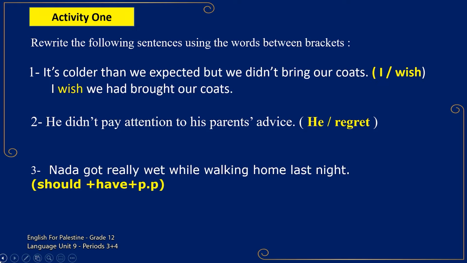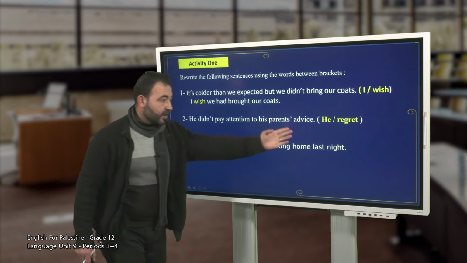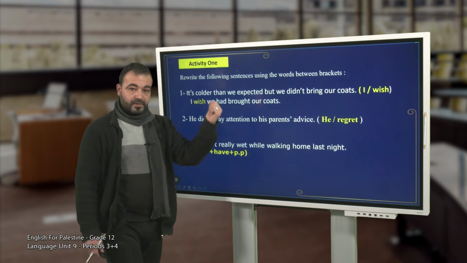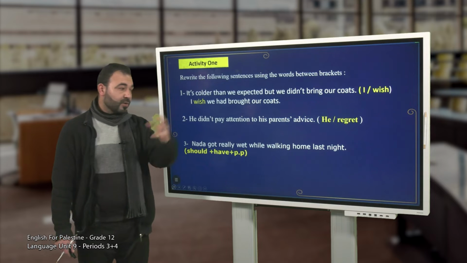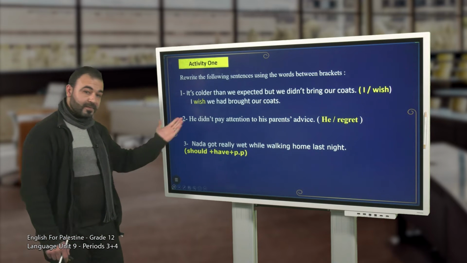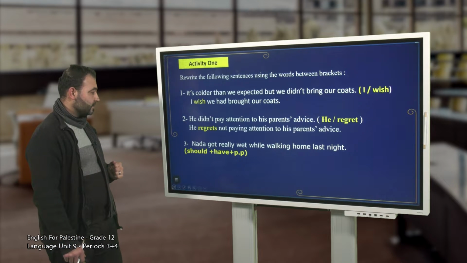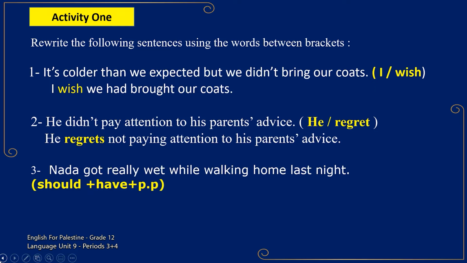Sentence number 2. He didn't pay attention to his parents' advice. Now he regret. We have to use the subject he with the verb regret. Let's see the answer. He regrets not paying attention to his parents' advice.